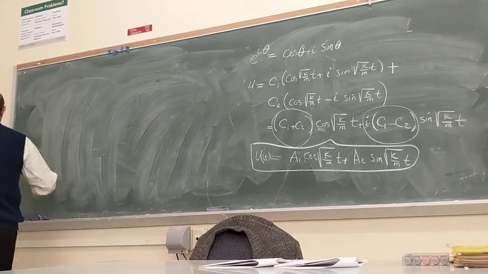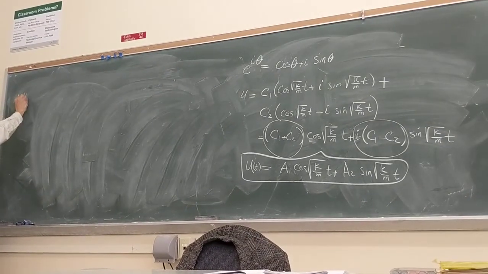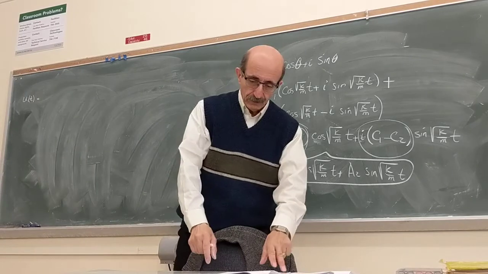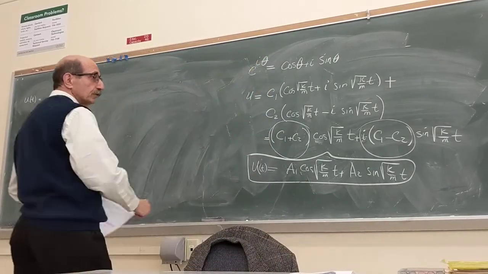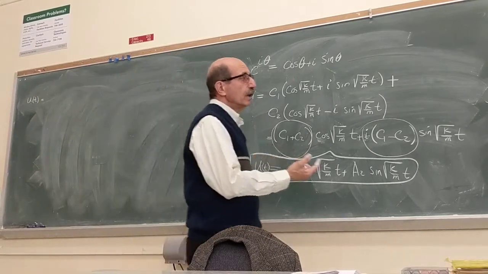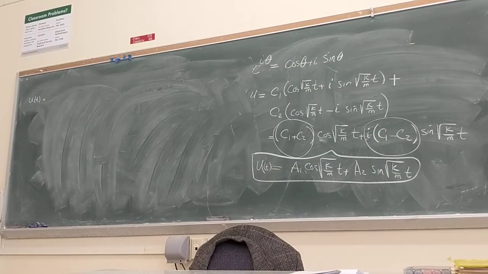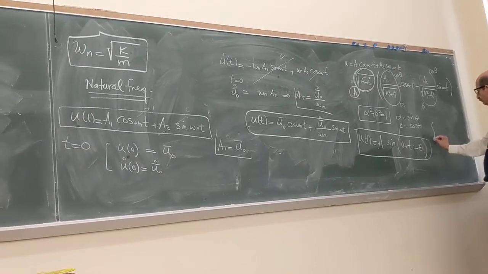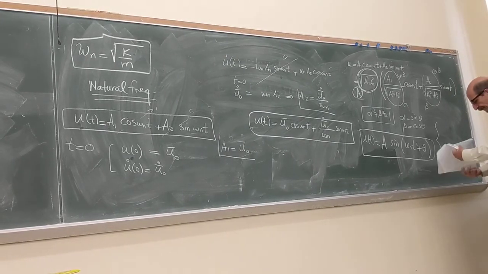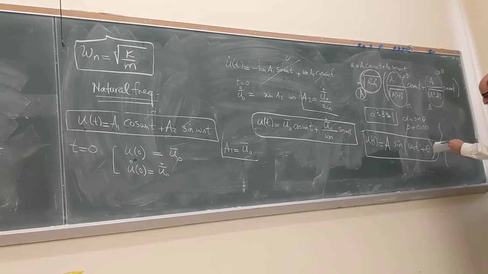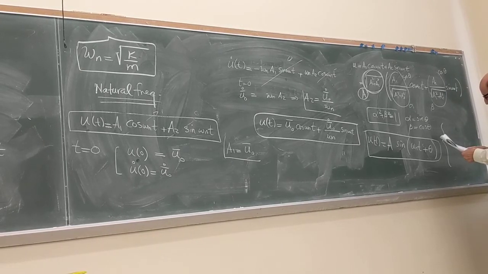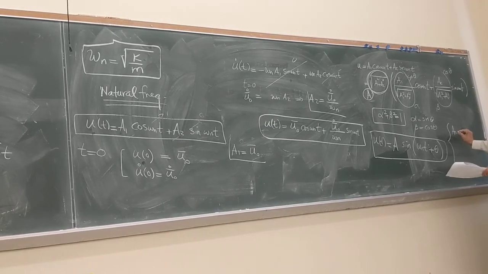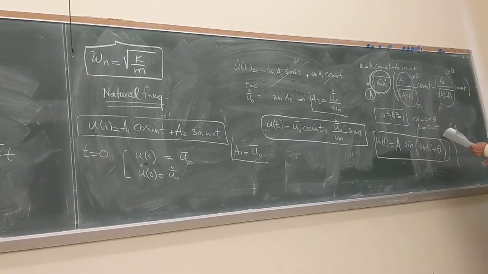If you plot u of t, I can do that in terms of those initial values, because if you substitute them in here, all you need to do is some algebra.